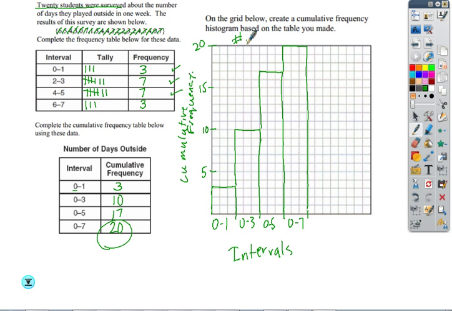Let's put that on the top as a title. You can always get your title from the actual problem, and this is full credit on this question. Good luck.